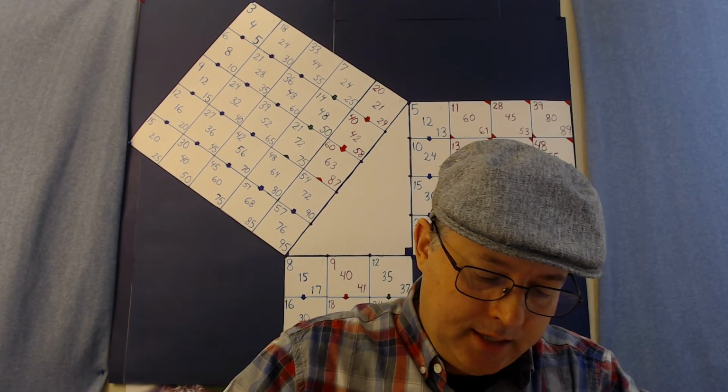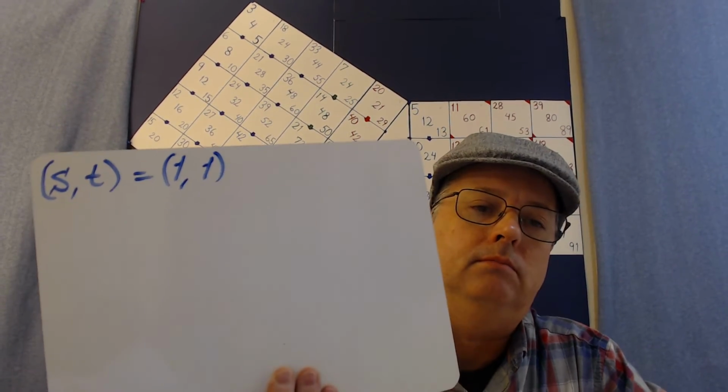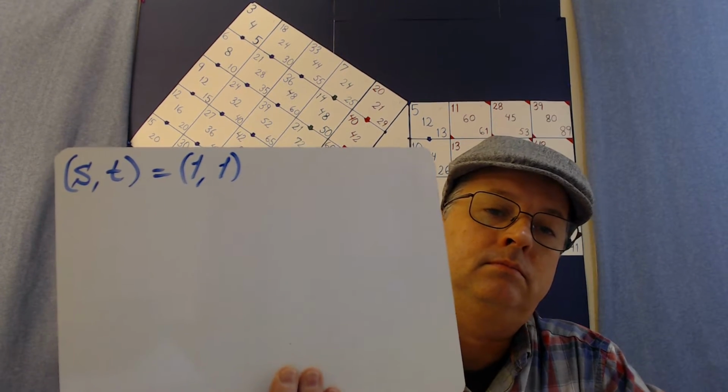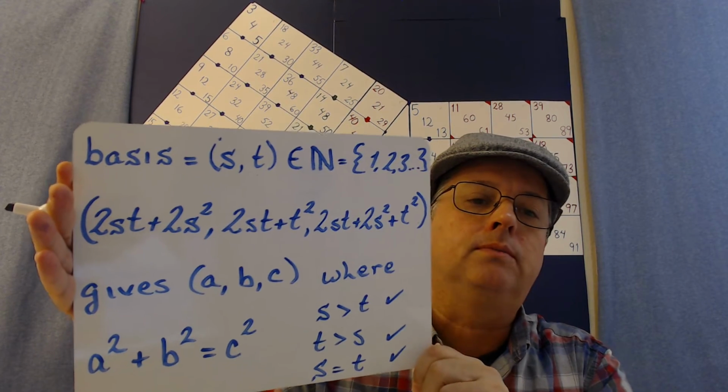And so let's say that we have s and t equal to 1, 1. So here the s and t values are equal. And so now we're going to run it through these series of algebraic expressions.